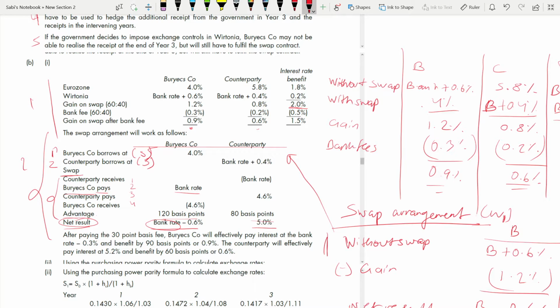That's why it's in negative. When you pay something, it will be in positive. Why is it positive? Because you are paying this and this.